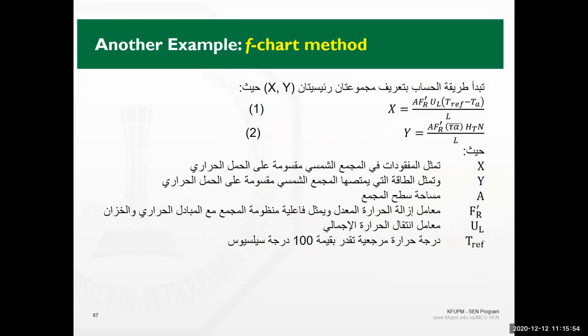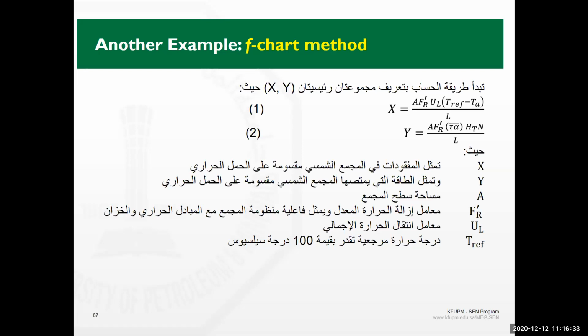Now, what we have basically is that example that we have. I'm just going through quickly the F-chart method again in terms of the calculations. What we need to do is to calculate the values of X and Y, and the values of X and Y as dimensionless parameters are given here. X is the losses, المفقودات, of the solar collector, المجمع الشمسي, which is divided by the load, which is L. Y is the energy which is absorbed by the collector, again normalized by dividing by the load.